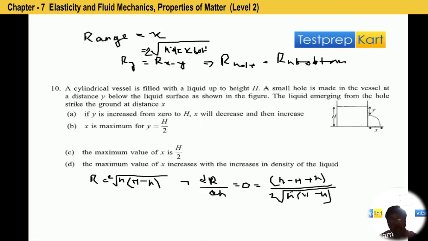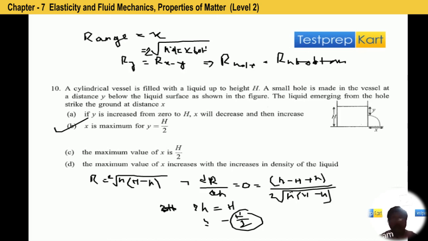If this value is 0, we can write 2h is equal to h, so the value of x should be h by 2. So x is maximum for y equal to h by 2.